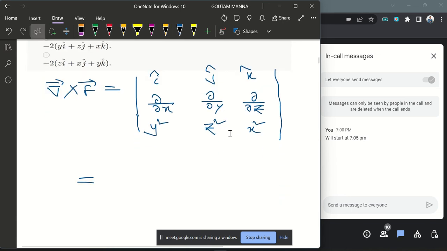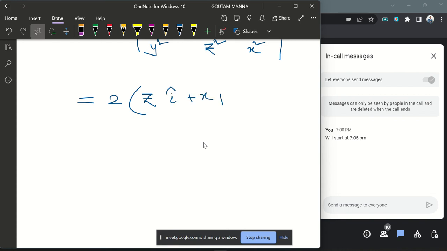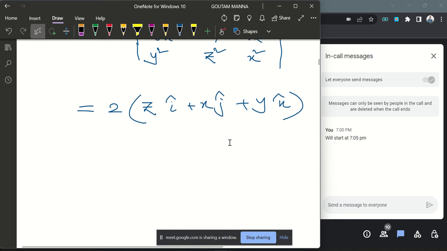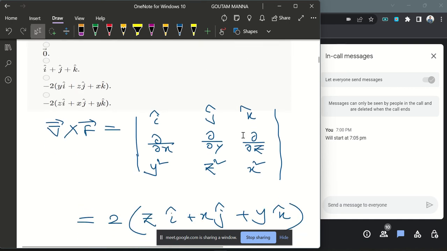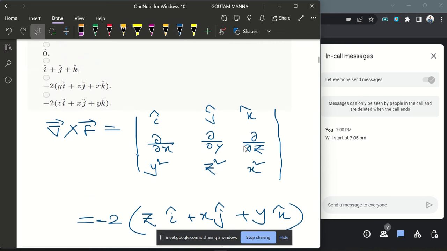I will not calculate it anymore, I have already calculated one similar example. So it will be minus 2z i hat plus x j hat plus y k hat. Sorry, there is a minus sign. So it will be the last option.